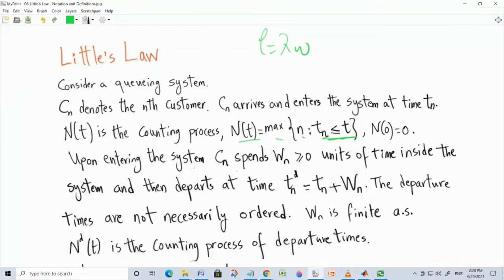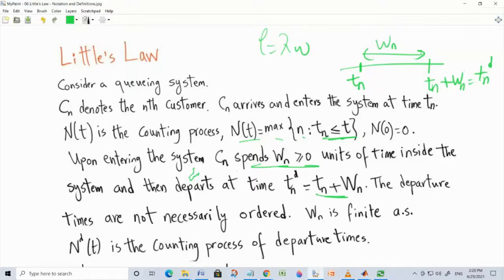So the overall time in the system is Wn units of time, and the customer will depart at Tn plus Wn. So the nth customer arrives at time Tn, spends Wn in the system, and Tn plus Wn is Tn with the superscript d, the departure time.